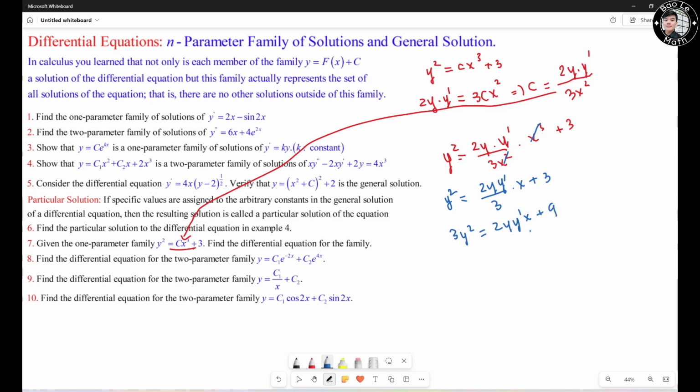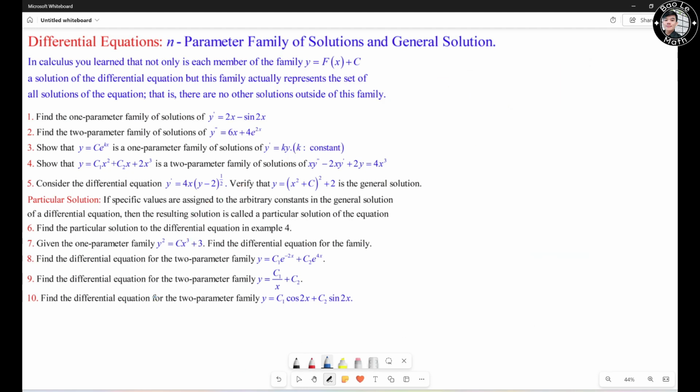Now I'm going to subtract 9 from both sides, so it becomes 2y y prime s equals 3y squared minus 9. Divide both sides by 2sy, so y prime equals 3y squared minus 9 divided by 2sy. And this is the differential equation that we need to find.